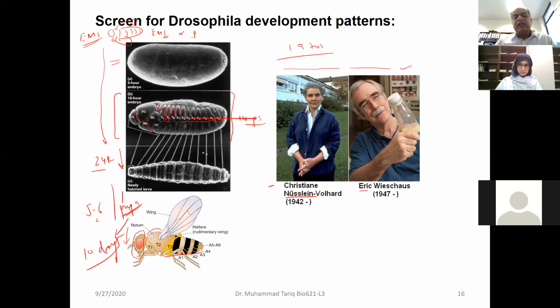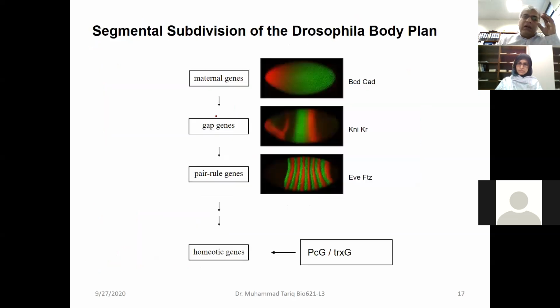This screen was so successful that almost every gene which we work on in our labs, one way or the other, goes back to this screen. Classical genetic approach, and they screened for phenotypes where these segments were defective.